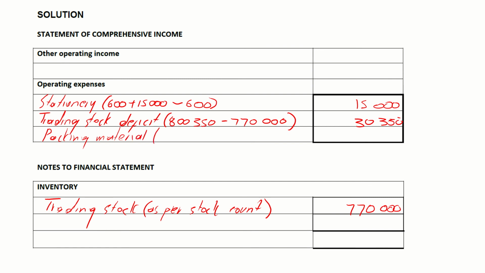The value of our packing material given in the trial balance is 4,500. I need to minus packing material that was not used of 1,500, and I'll be left with 3,000 rand.